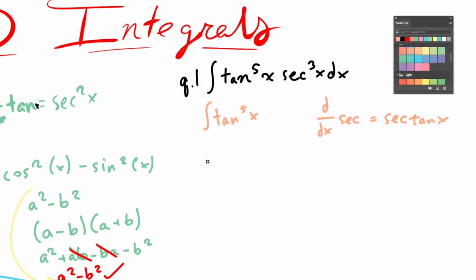And then you use the identities and solve tangent in terms of secant. So it turns into the square root of secant squared x minus 1, and since it's to the power of 4, it just becomes squared. And you solve down from there.